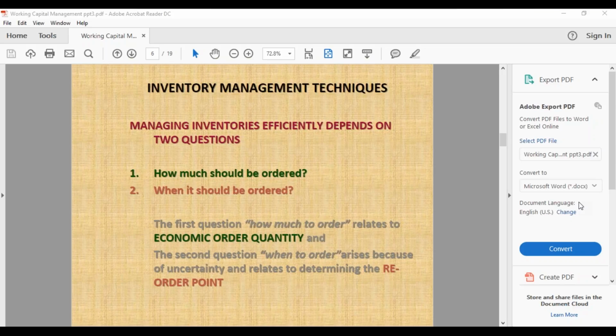Aditya, are you typing something? Are you still with me, Aditya? Yes, sir.